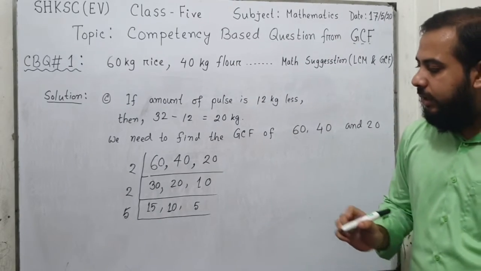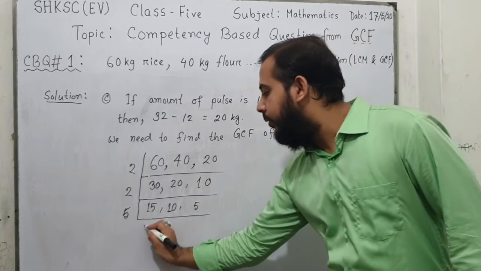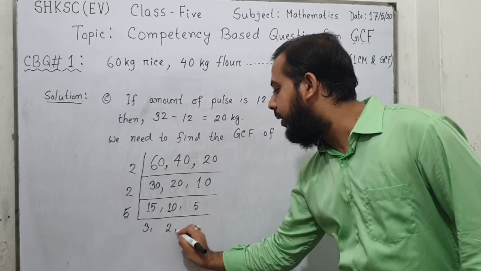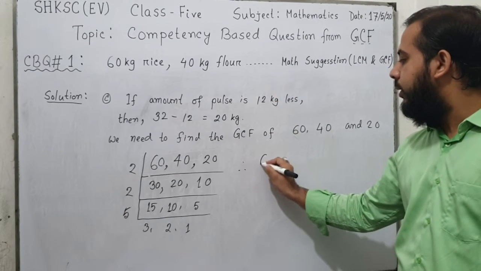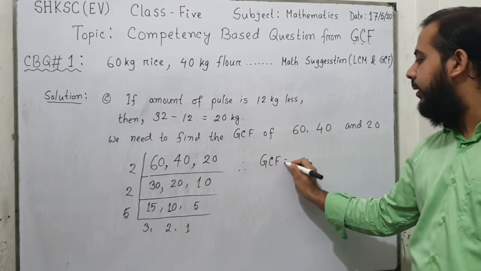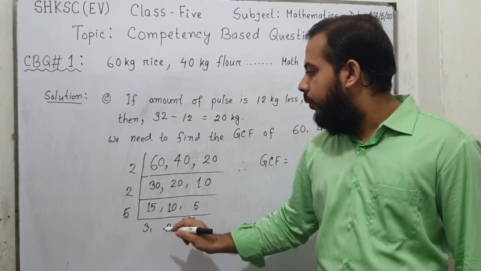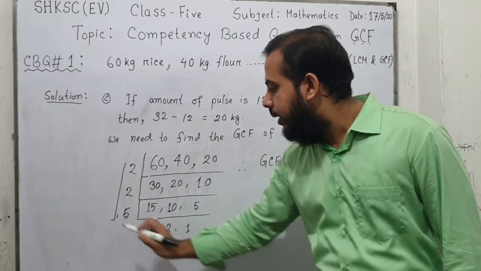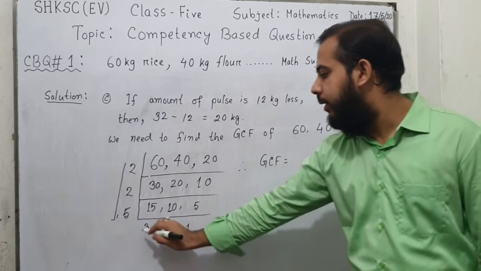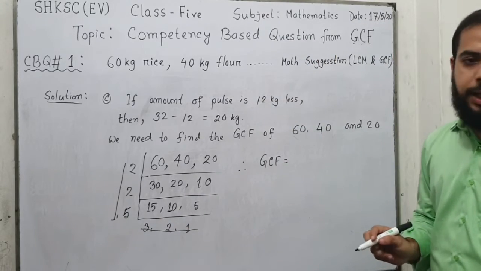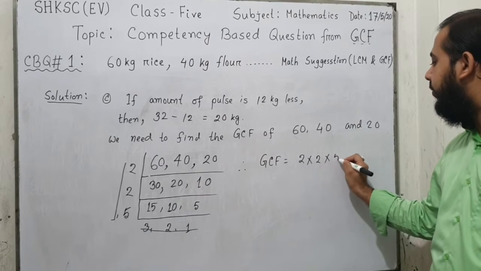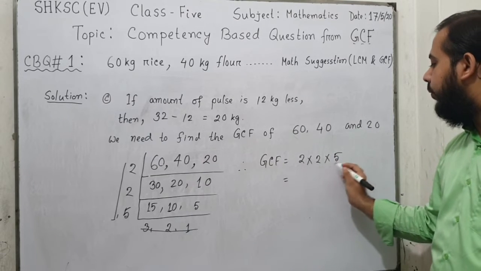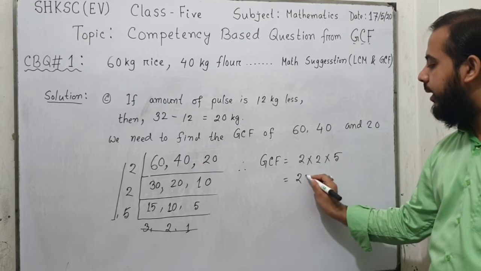If we divide these 3 numbers by 5, we get 3, 2 and 1, and that completes it. So the GCF will be, we take only the left side's divisors but not the bottom side. So 2 times 2 times 5: 2 2s are 4, 4 times 5 is 20.